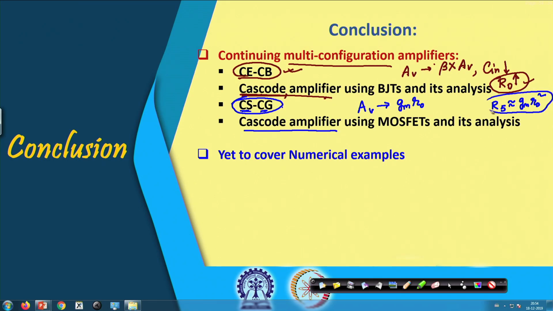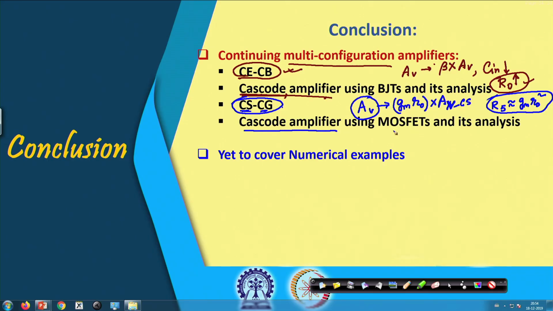If this is valid, then the gain of the cascode amplifier is gm times R_o times the gain AV of the common source amplifier.